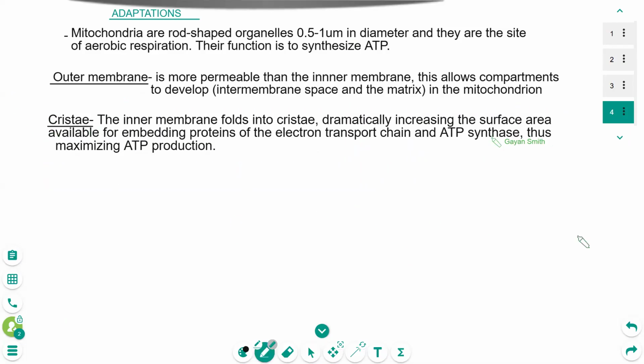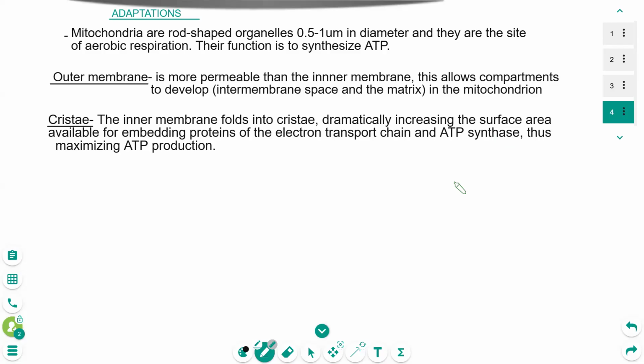The inner membrane folds into the cristae, and that is what dramatically increases the surface area that's available for embedding the proteins of the electron transport chain and also the ATP synthase proteins. And this maximizes ATP production.